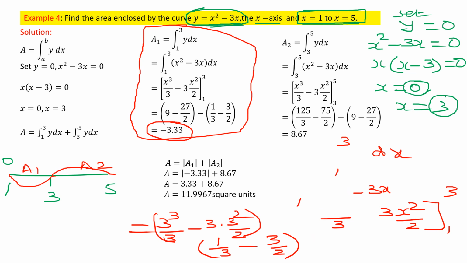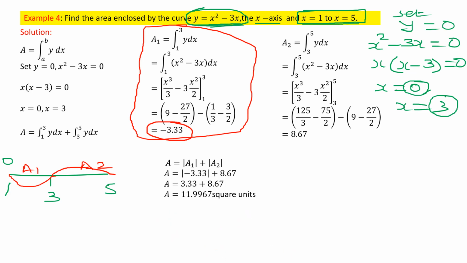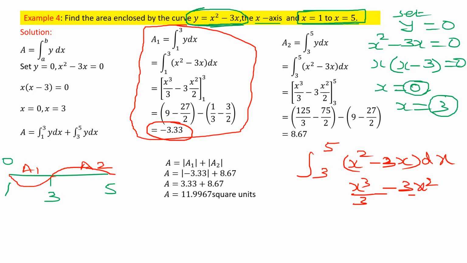Then I have to consider the second region of integration. My second region of integration is starting from 3 to 5. So we have 3 to 5, same function y. My function is x squared minus 3x dx. Integration of this will give you x power 3 by 3 minus 3x squared by 2, between the limits 3 and 5.